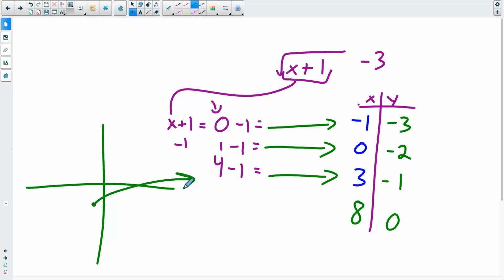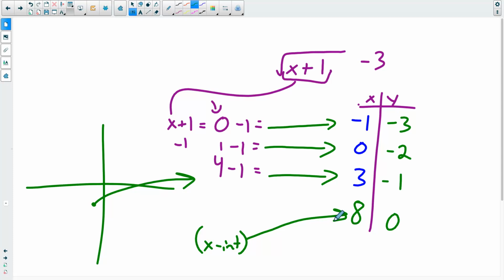So your graph should look something like mine. Mine's obviously a pretty rough sketch, but something like that. Now, the 8, 0, that covers your x-intercept. Do I cross the y-axis?